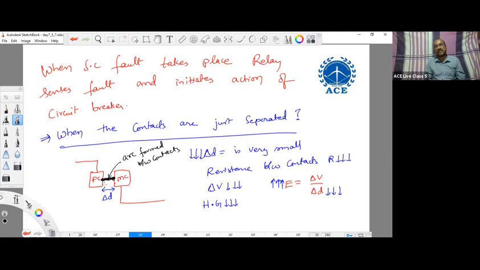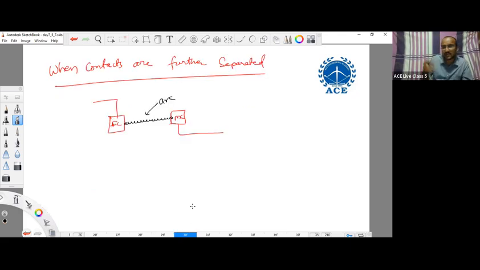The released electrons collide with other molecules, and the insulation medium is heated up, and the arc still continues to exist between the contacts.